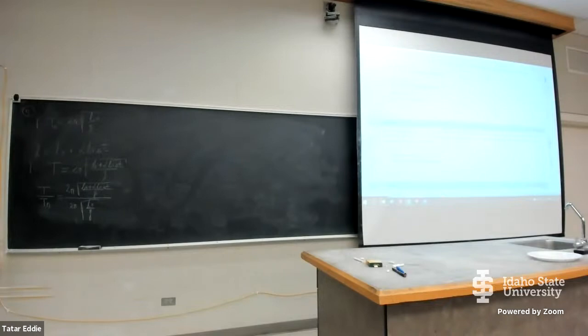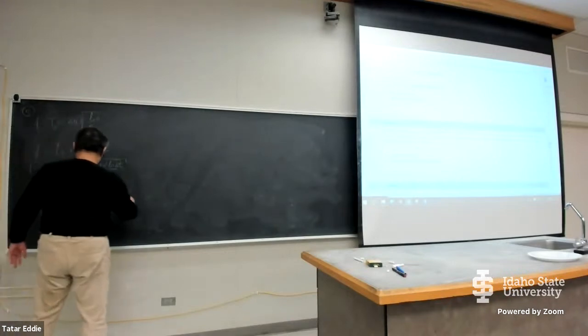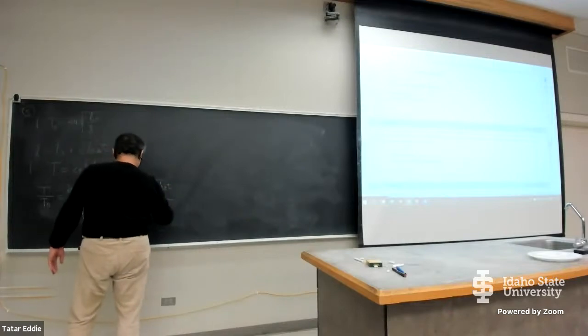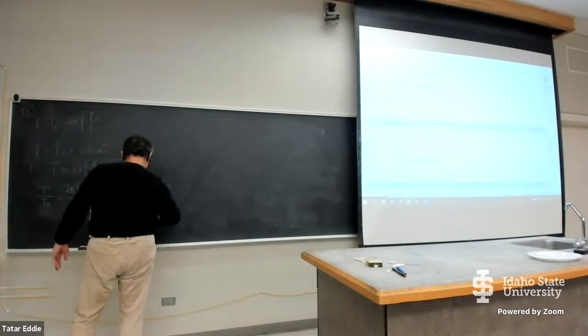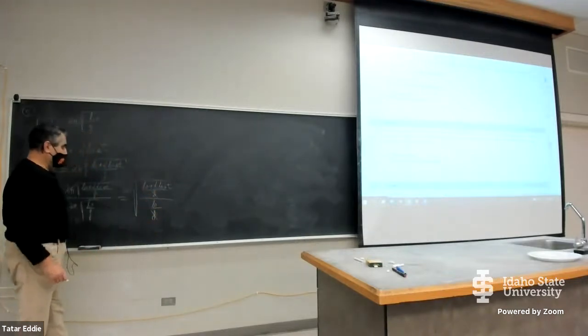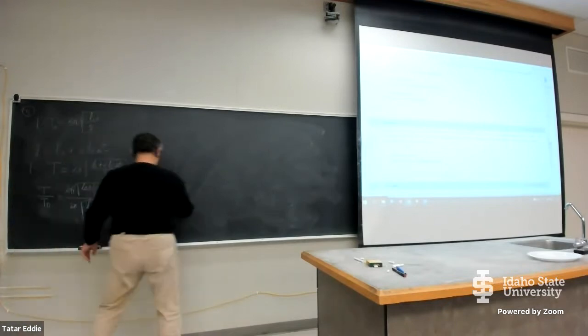And now you're going to get many cancellations. You can combine those 2 square roots as a single square root. You have a division of fractions, L naught plus alpha L naught delta T divided by G, and here you have L naught divided by G. You cancel everything that you can cancel, even L naught.